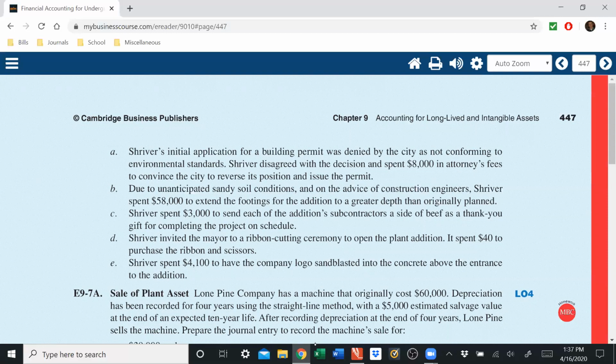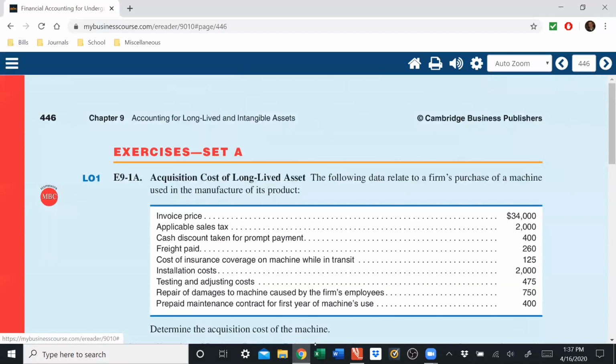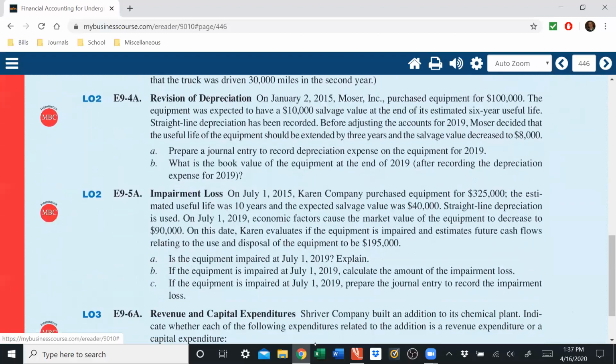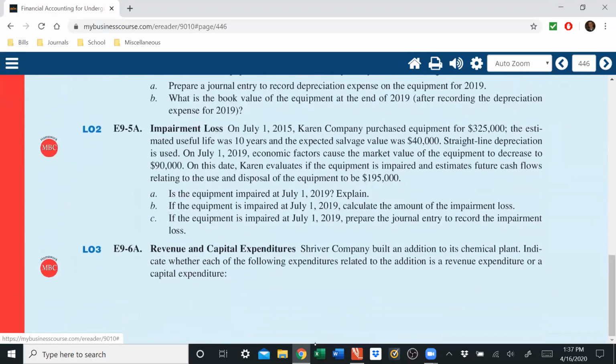This was when they wanted to add the addition to the building. They built an addition to its chemical plant. Indicate whether each of the following expenditures related to this addition should be treated as an expense or as an asset.